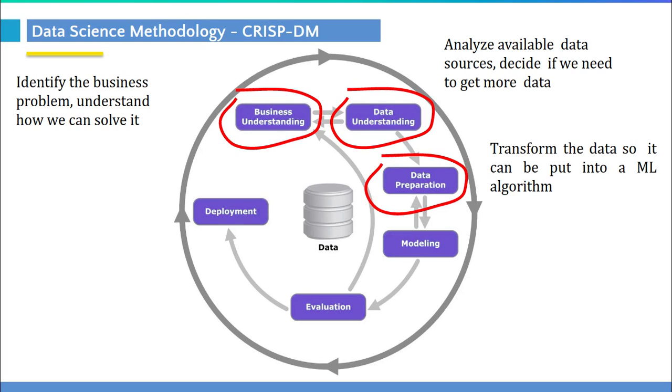The third is data preparation. This is the most important part for any predictive modeling. This is the stage where we transform the data so it can be put into statistical modeling for predictive purposes. It is a machine learning technique where we need to have the data in a certain format, so that kind of analysis and preparation is required.